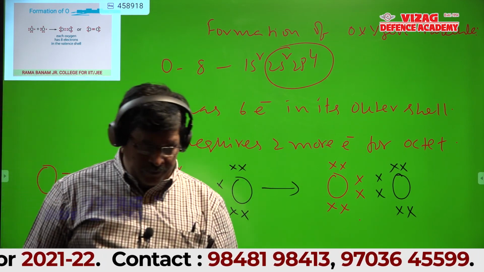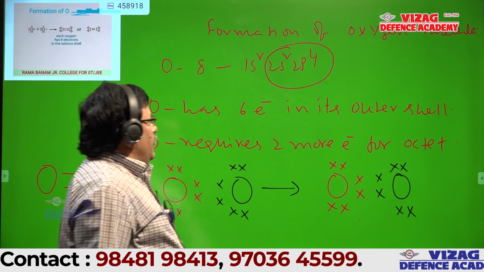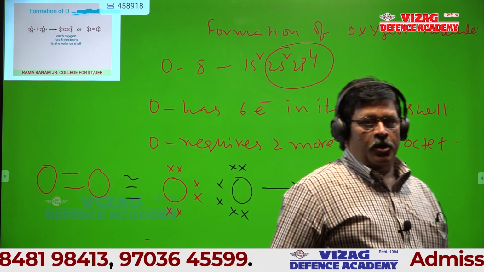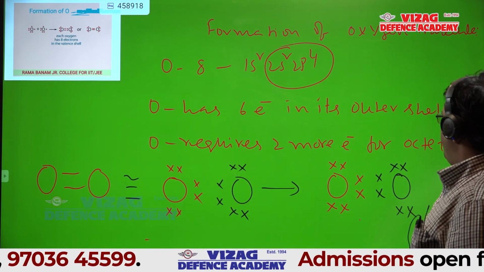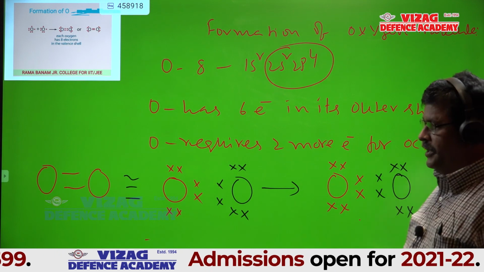Right. Oxygen has 6 electrons in its outer shell. Oxygen requires 2 more electrons for octet.